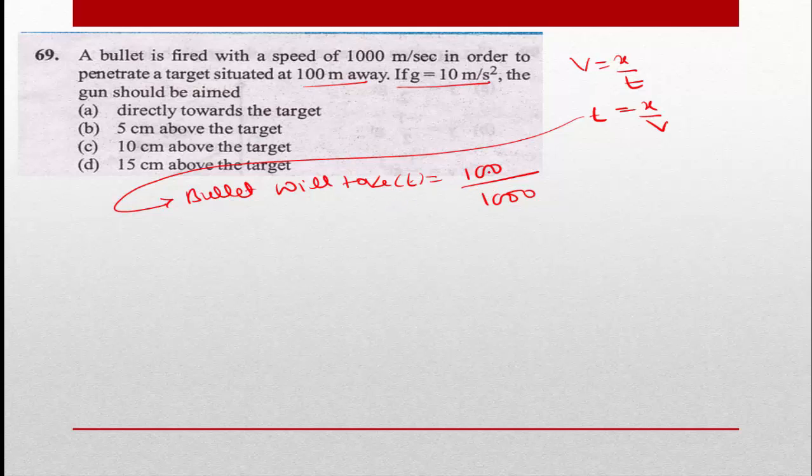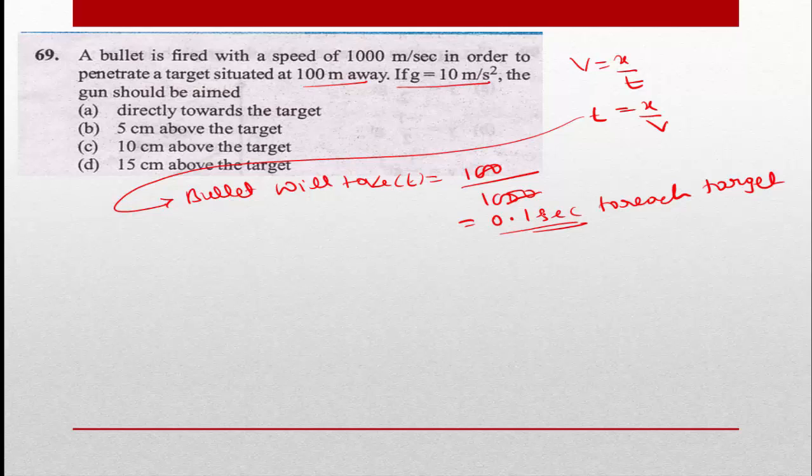Therefore we get 100 divided by 1000, and the zeros cancel, 1 divided by 10 is 0.1 second to reach the target.